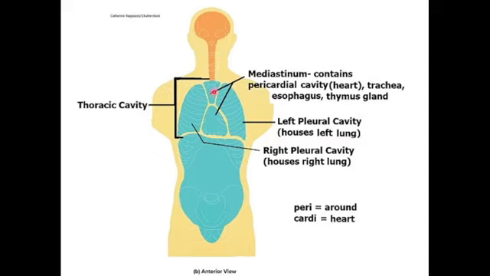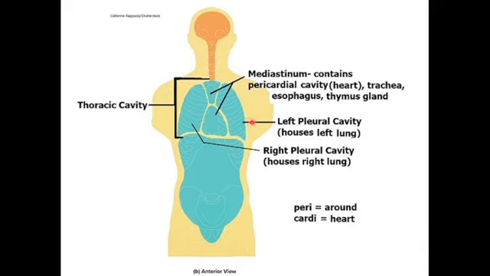So our thoracic cavity, sometimes called the chest cavity, sits superior to the abdominopelvic cavity. So it's located just right here. It contains organs like the heart, the lungs, the trachea, the esophagus, and it is divided into three different portions.